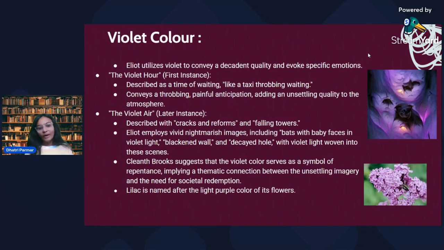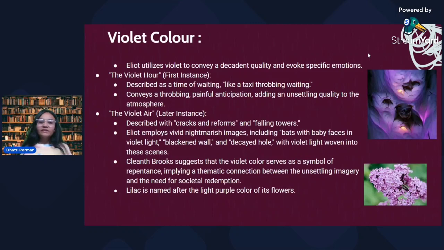Another color is violet. Eliot utilizes the violet color to convey a decadent quality and evoke specific emotion. The violet hour is first described as a time of waiting, like a taxi throbbing, waiting.